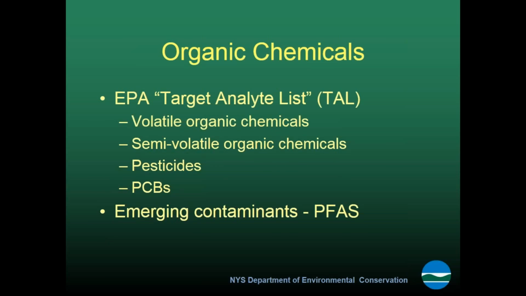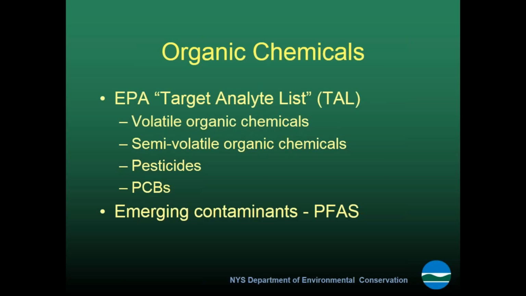Now, as I said, most of the time that we work in this industry, we're dealing with organic chemicals. The EPA's target analyte list has 4 different categories of organic chemicals. The volatile organic chemicals, those are the ones that will readily evaporate, ones that will cause the vapor intrusion that we all deal with.